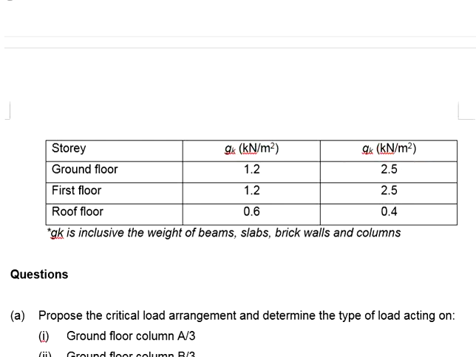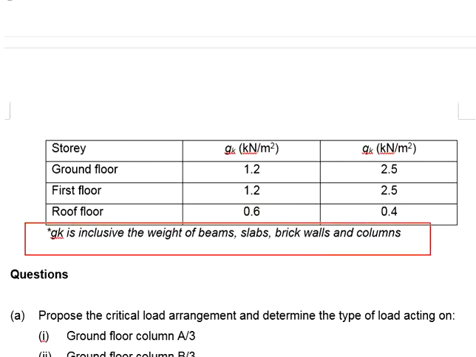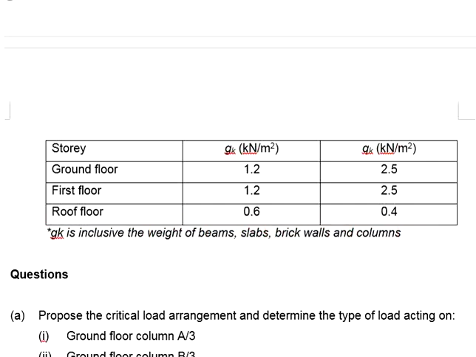As for the roof floor, the GK is 0.6 kilonewton per meter square, whereas the QK is 0.4 kilonewton per meter square. It is stated that the GK is inclusive of the weight of the beam, slab, brick wall, and columns. That means ultimately the GK given, it will be the total GK.